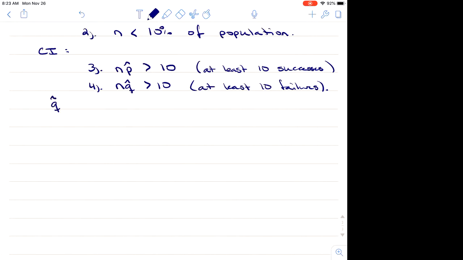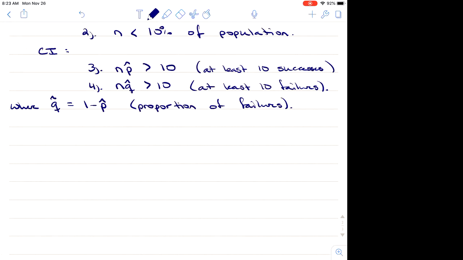Everyone's got the same question. So where q hat is 1 minus p hat. So it's the proportion of failures. All right, so p hat is your proportion of successes and q hat is your proportion of failures.